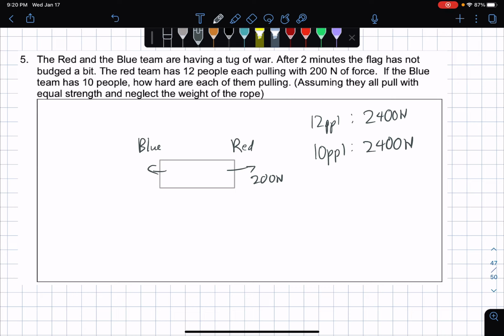So 2,400 divided by 10 is 240. So I suppose each person from the blue team has 240 newtons. Basically 40 more than the 200 from the red team.